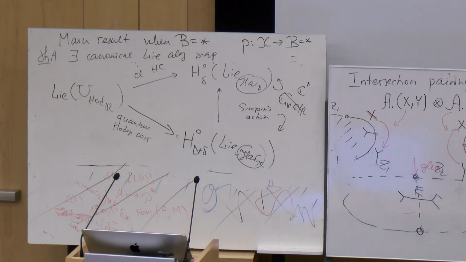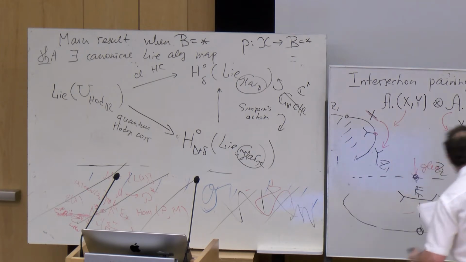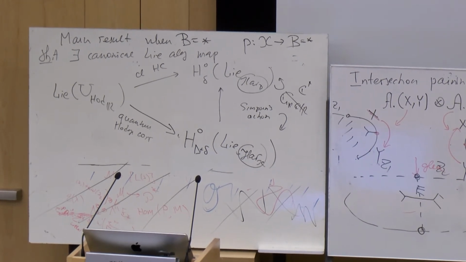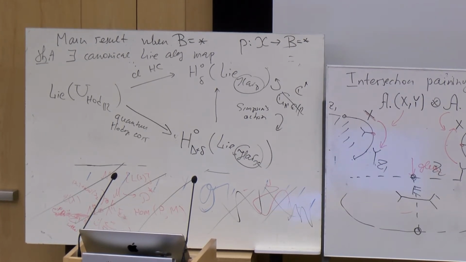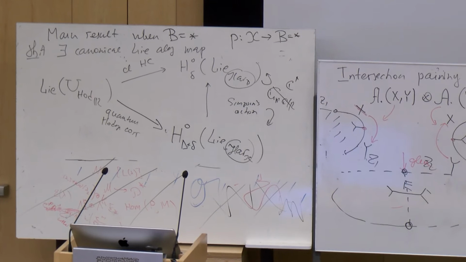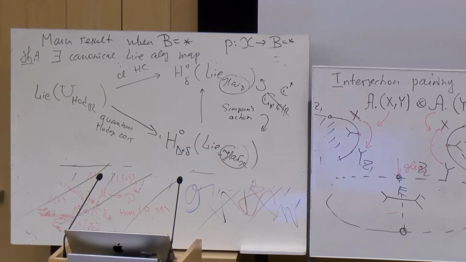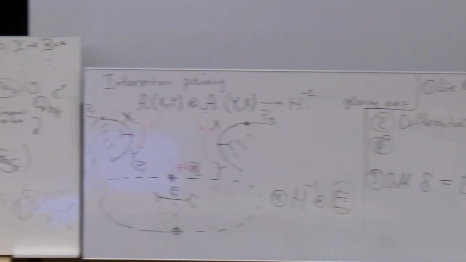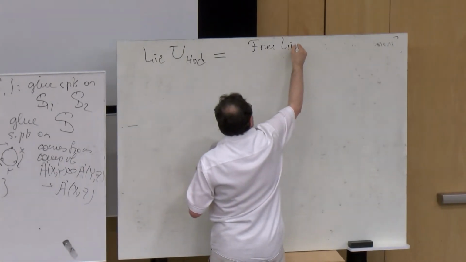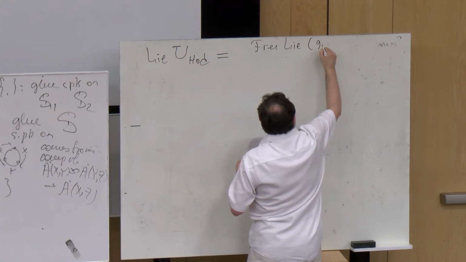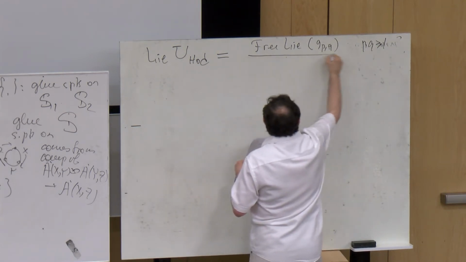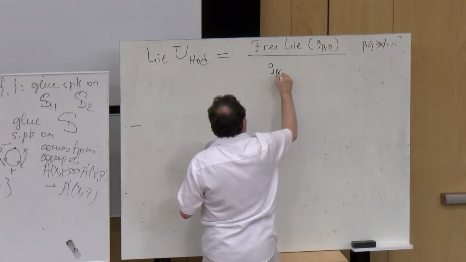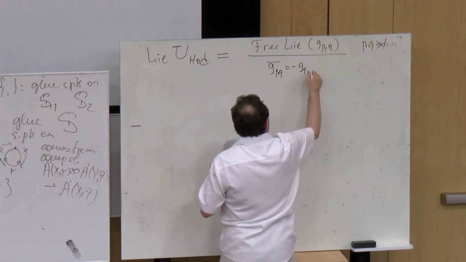So before I define this, let me explain what I need to do in order to define this action. So the question... it's a standard thing that it's a free Lie algebra with certain generators GPQ, where P and Q are integers bigger or equal to 1, divided by the only relation, the reality condition, the GPQ bar is minus GQP.